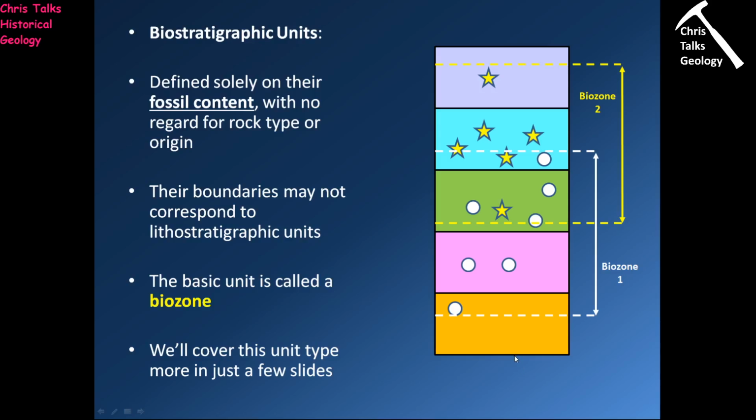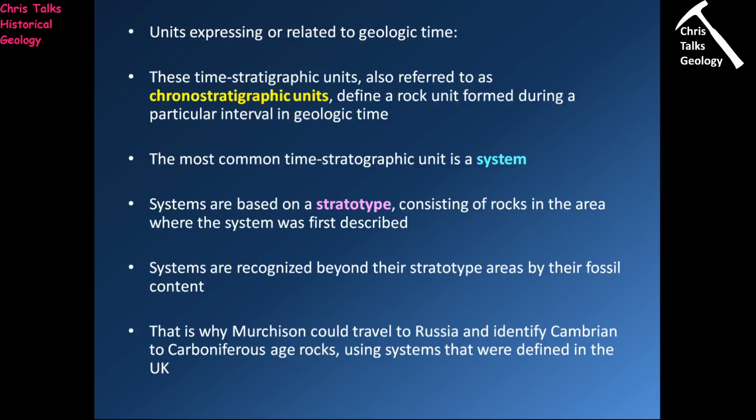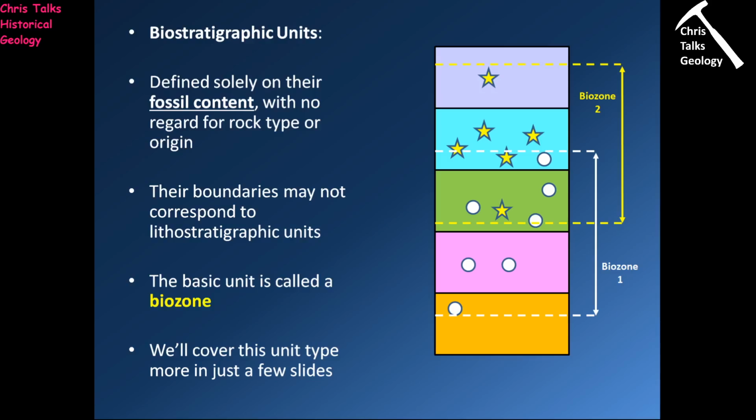The Devonian system starts here and the Devonian system ends here. So this is going to be our time stratigraphic unit. It's defined by the rocks. Now in terms of the time units, we are using either the fossils to produce a relative age, or we are using absolute age dating based on radiometric dating.